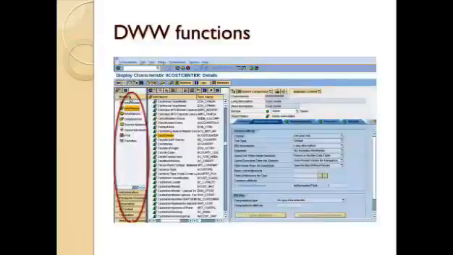The functions are shown under the navigator on the left-hand side, including modeling, administration, transport, connection, and so on. The developer will be concerned with modeling the most. The administrator will be using the administration function. And for your BW assignments in the future, you'll be using mostly the modeling functions.